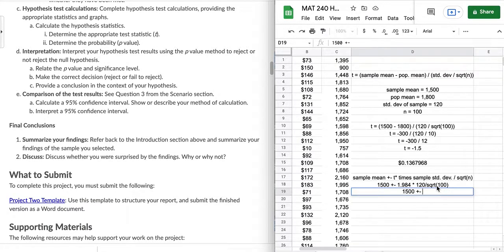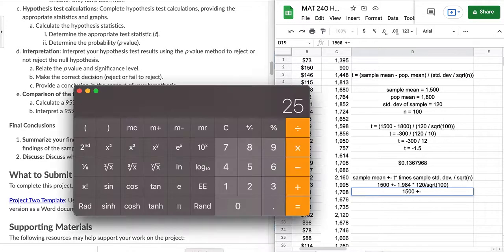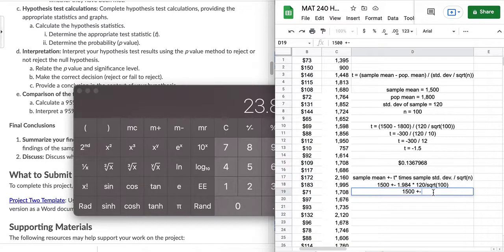When we do this over here, do the denominator first. Square root of 100 is 10. Then take your standard deviation, divide by the square root of the denominator, which is probably a decimal number for you, and then multiply that by the t-value we got from our table, 1.984. So 23.808 is my margin of error.